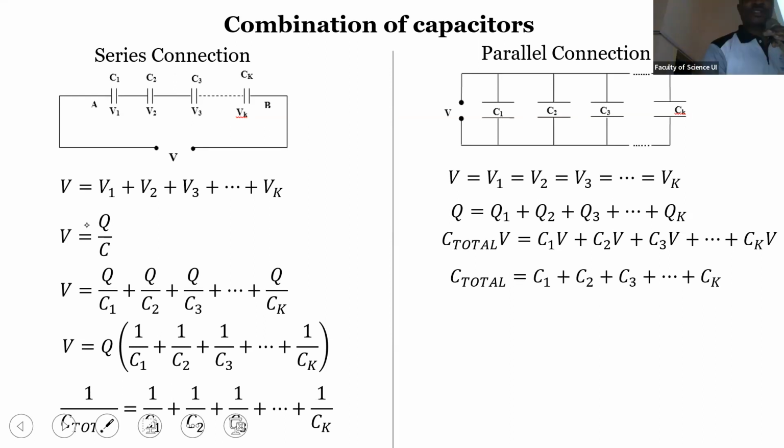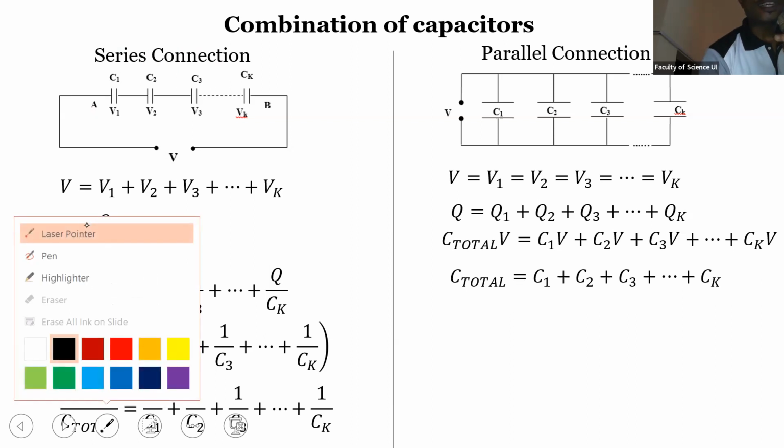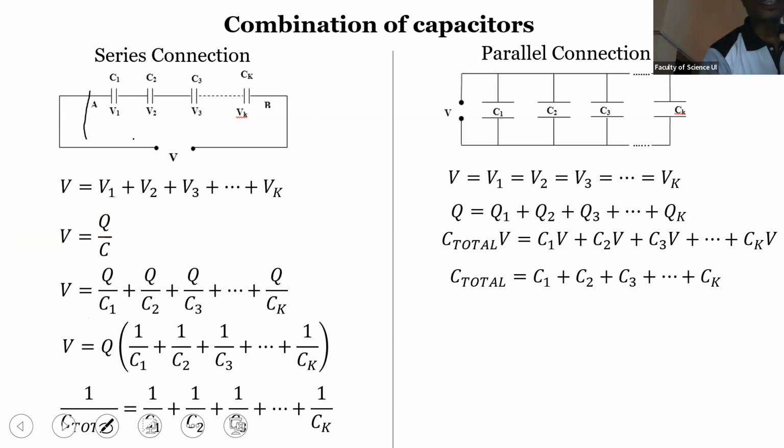So let's try and understand what is happening here. What's happening here is that a certain potential difference V has been set across 1, 2, 3, 4 capacitors. And each of them now have different voltage set across them.